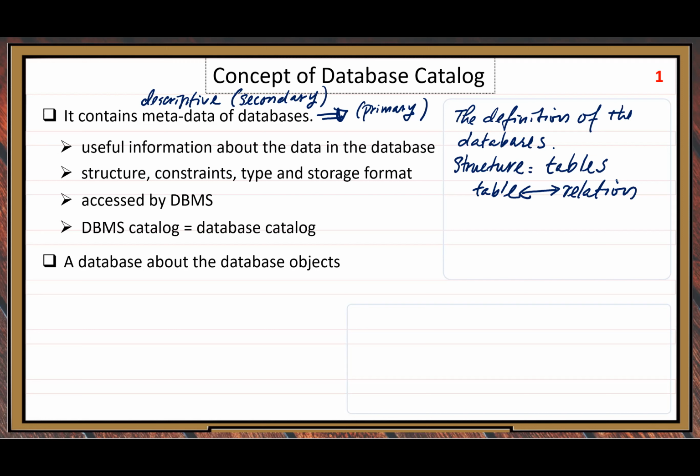A database about the database object. Now, after I give you the basic database catalog concept, next is the main concept of this part C, database objects. Let me explain. Because of object-oriented, you learned object-oriented programming, right?